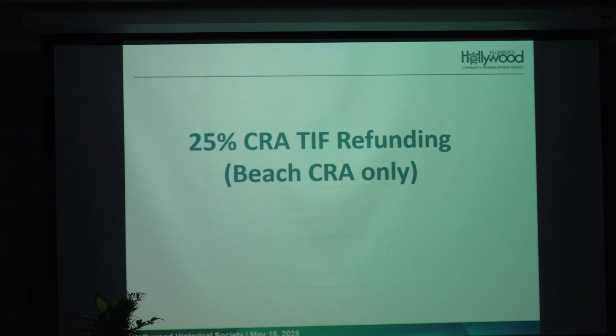So instead of reinvesting 100% of the TIF, it was determined that 25% of it would be extracted and given back to the city, given back to the county, and given back to Children's Services, and still allow the CRA to continue with its planned capital improvements.